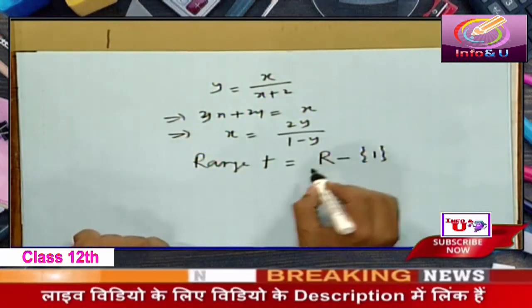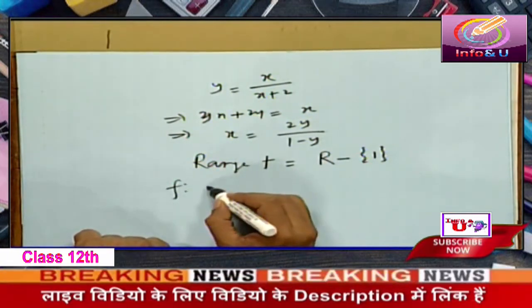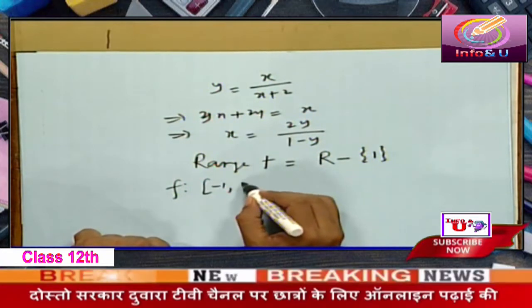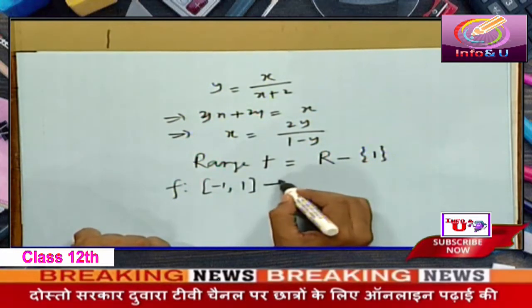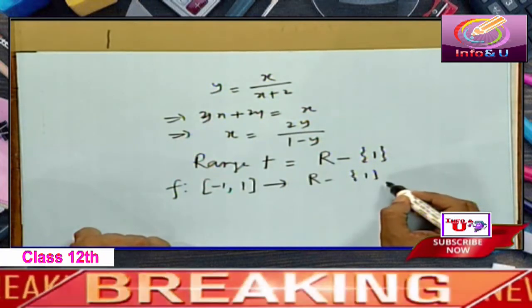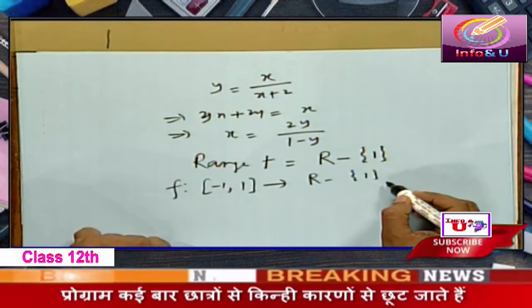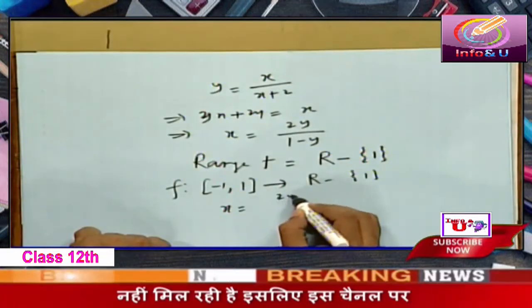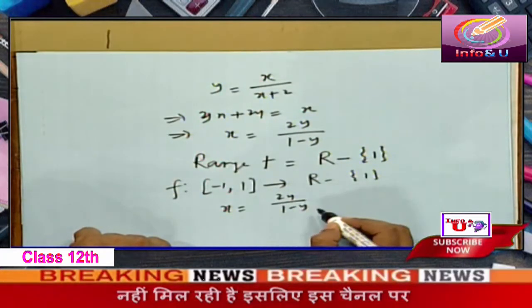So the function f from the closed interval [-1, 1] to R minus {1} is both one-one and onto. So it has an inverse. As before, we had x is 2y upon 1 minus y.